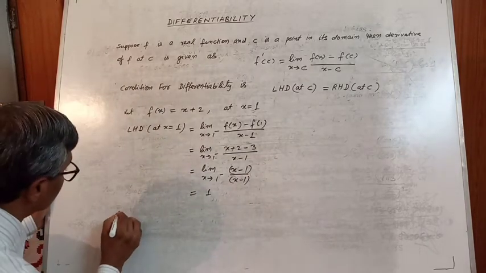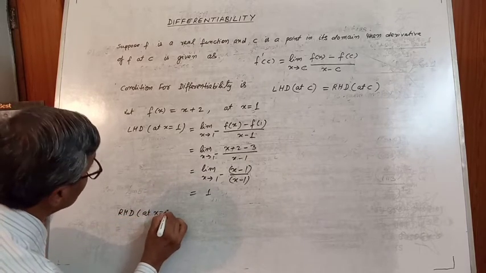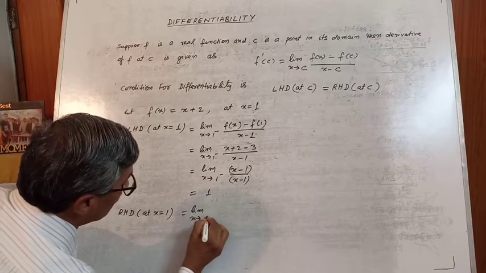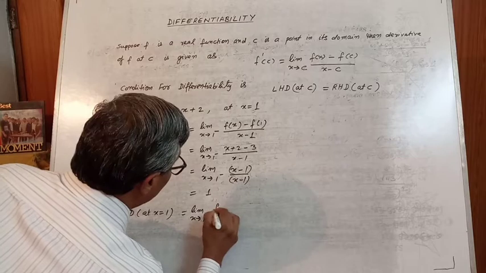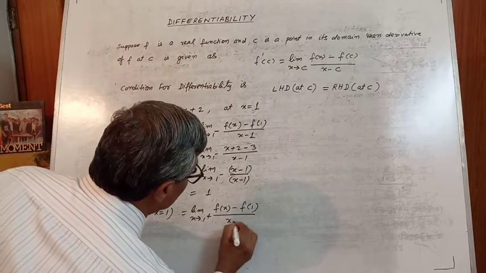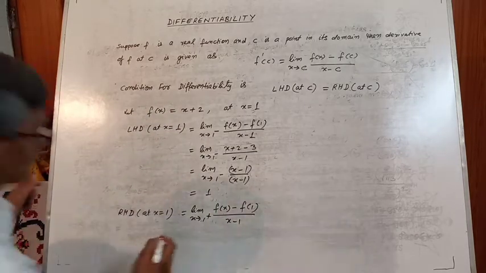Right hand derivative at x equal to 1. Limit x tends to 1 plus of f(x) minus f(1) upon x minus 1. Again we will put values.